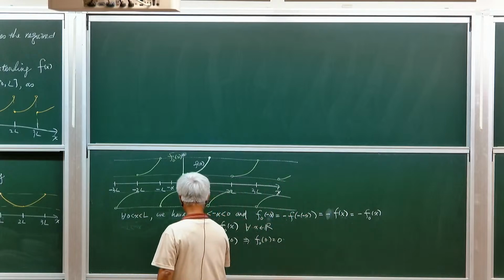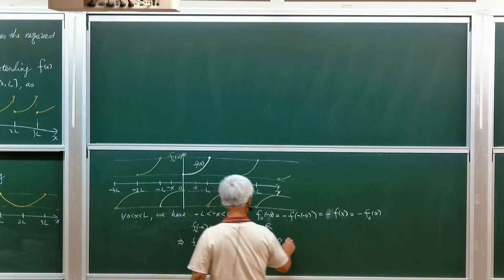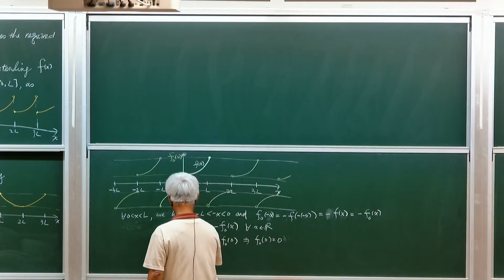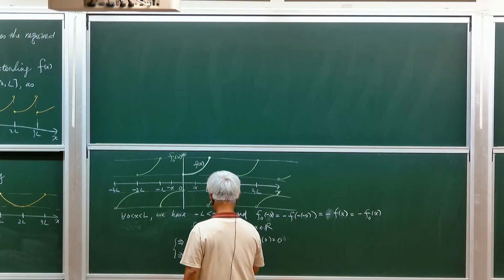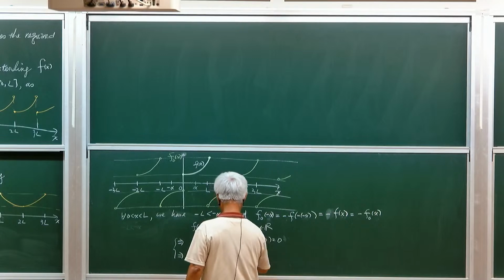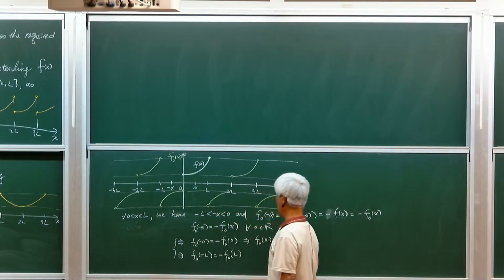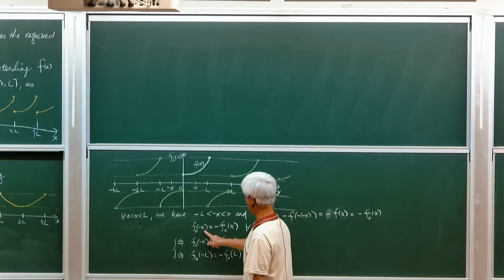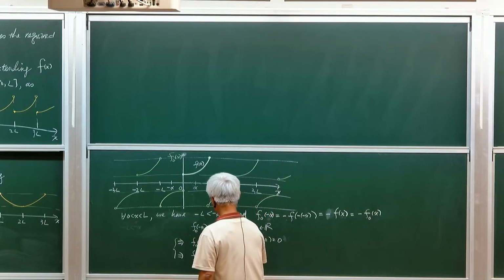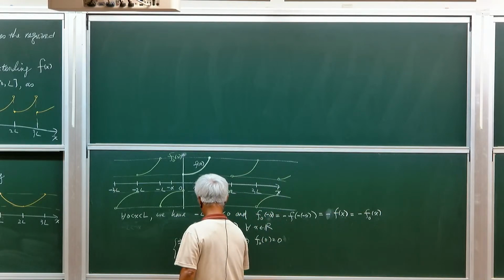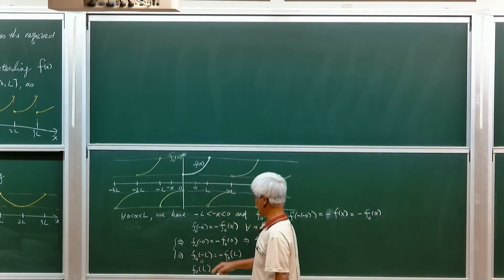How about also f odd of minus L? As an odd function, you substitute x equal to L, you get this one. But as a periodic function, this function value is equal to f odd of L, because it is periodic.